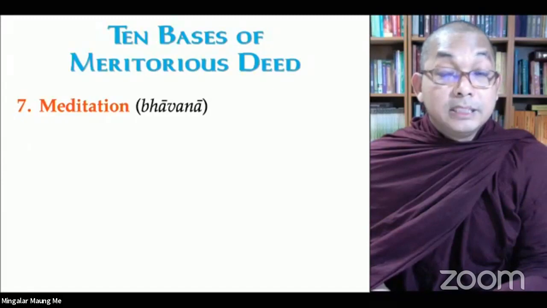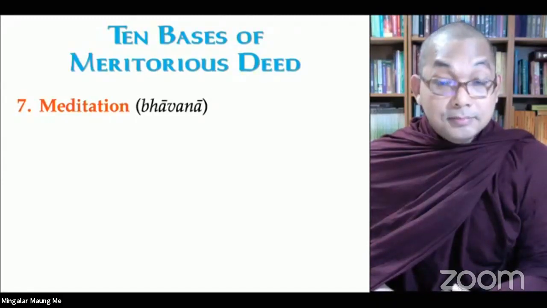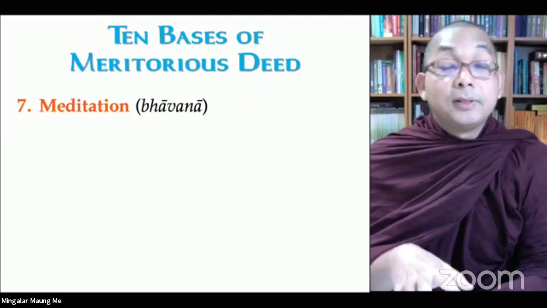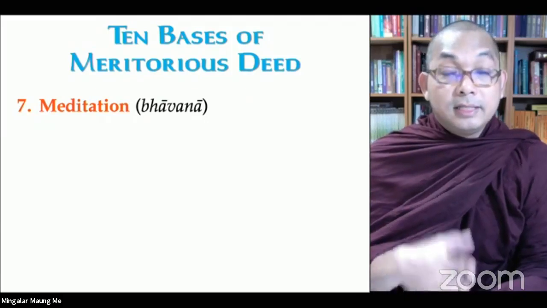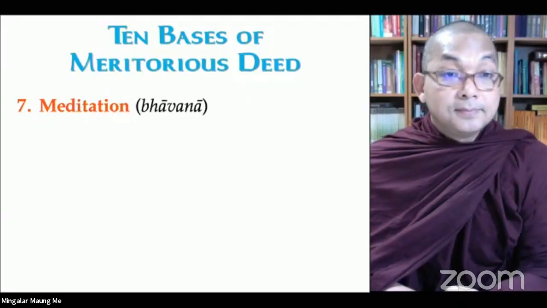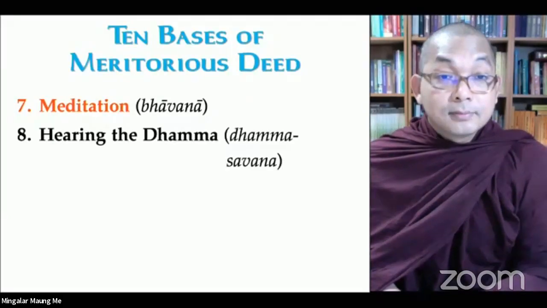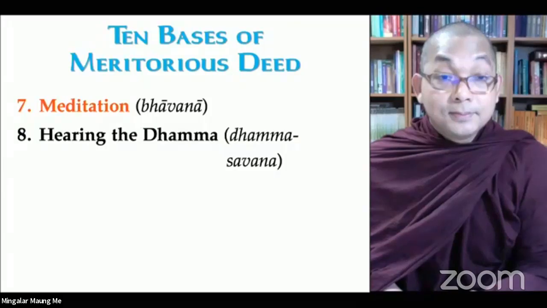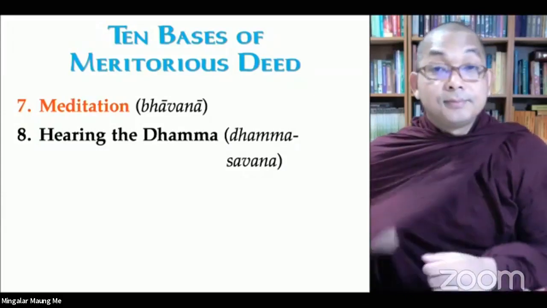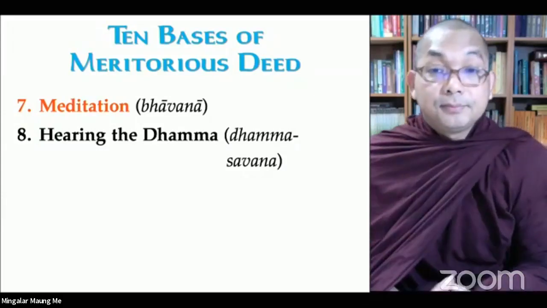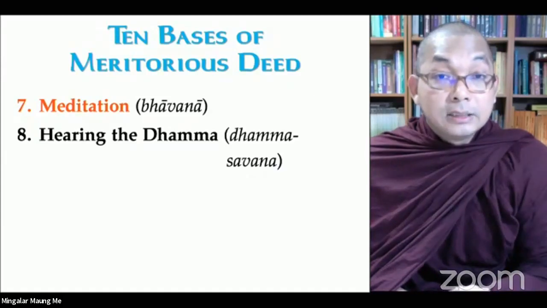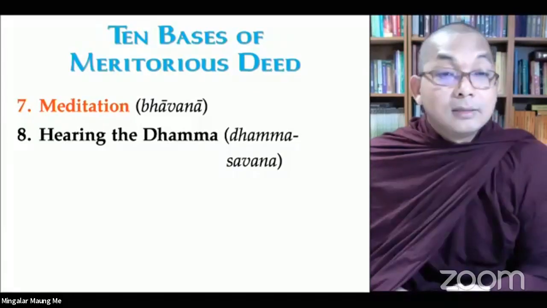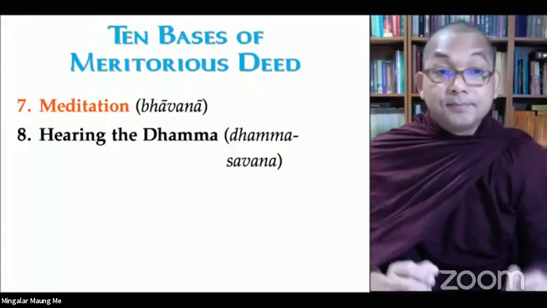Meditation will be explained a little bit when we talk about jhanas, then in the last chapter where we explain meditation in detail. Hearing the Dhamma: now you are hearing the teachings of the Buddha. This is considered as meditation because you concentrate on what I am saying, and your mind is working hard to investigate and compare with the Dhamma that you have learned.